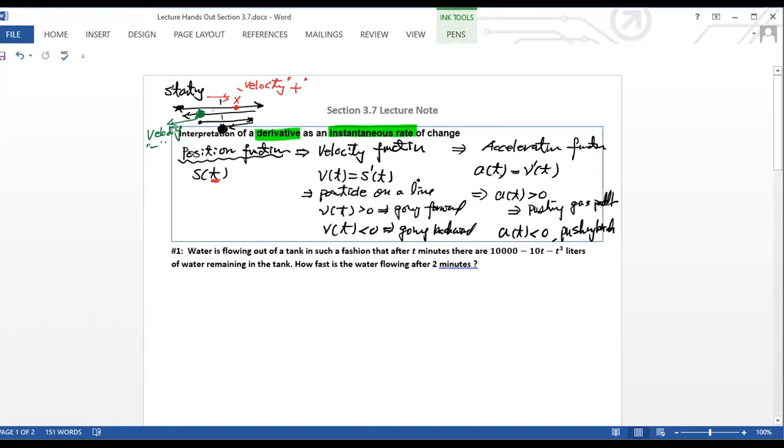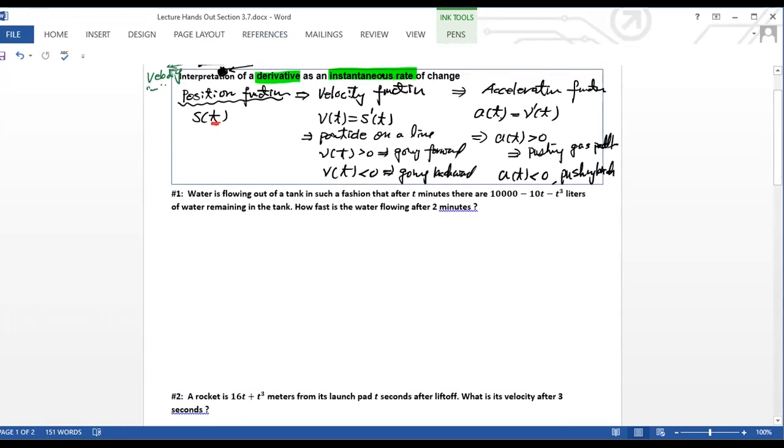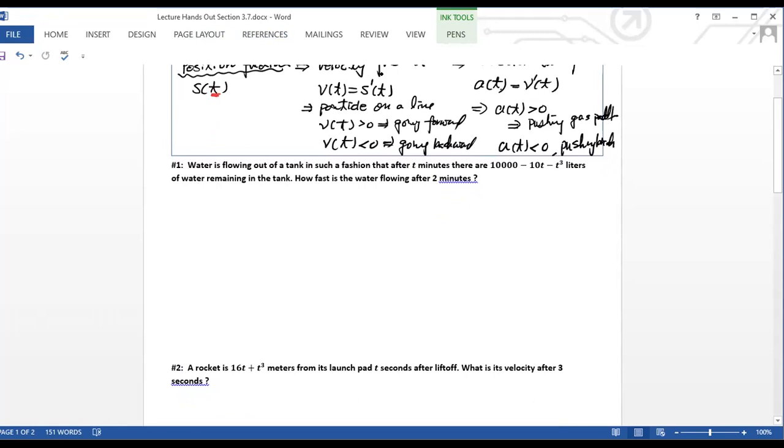It's the first derivative of v(t). So acceleration is a change of the velocity, and velocity is the change of the position. Like I said, the most frequently used are the position, velocity, and acceleration. Now let's take a look here.